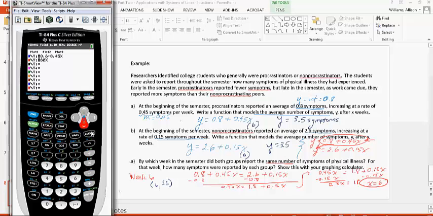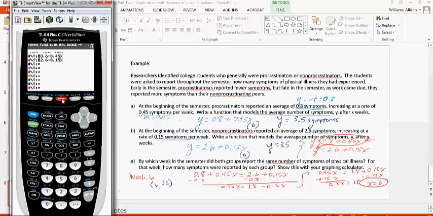And in the second equation, I'm going to clear that out, 2.6 plus 0.15x.